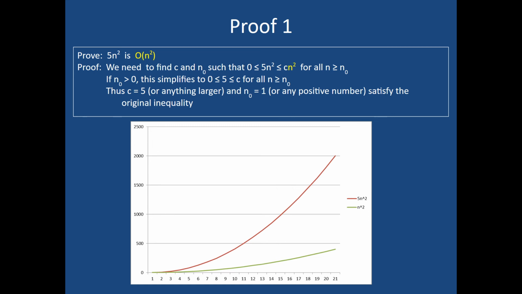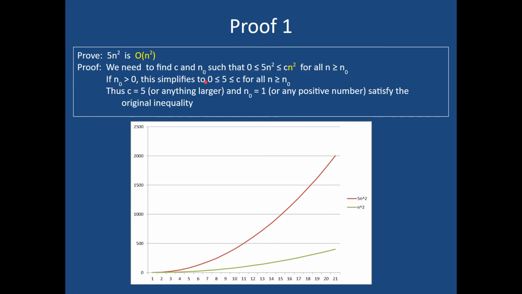I wanted 0 to be less than or equal to 5n squared, less than or equal to c times n squared, for all n greater than some n0. Okay? And then I basically divided through by n squared. To do that, I have to make sure n squared is not 0, so I assume that n0 has to be positive for this to work.